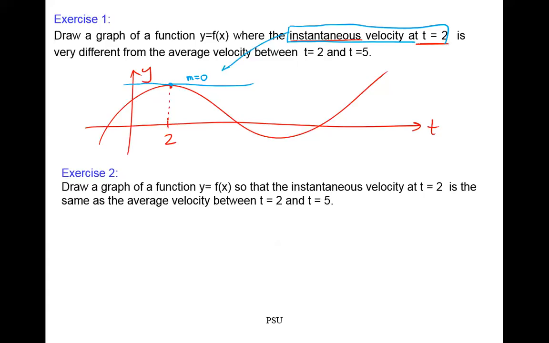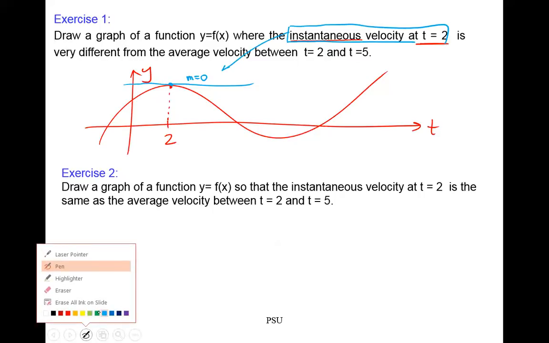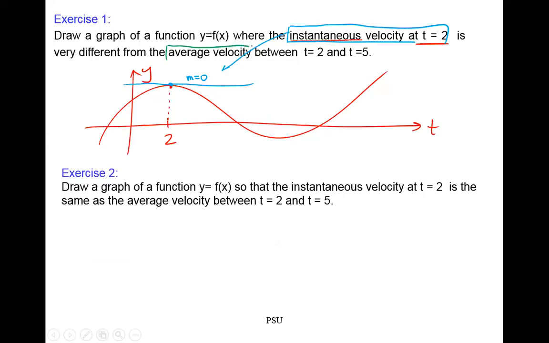And now I have to have a different average velocity. That means the average velocity between 2 and 5 just has to be different. It doesn't have to be very different. Okay, I can maybe pick the point 5 here, and average means that I have to connect points 2 and 5.